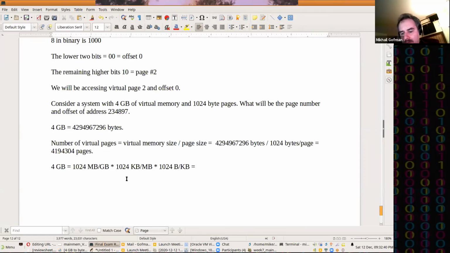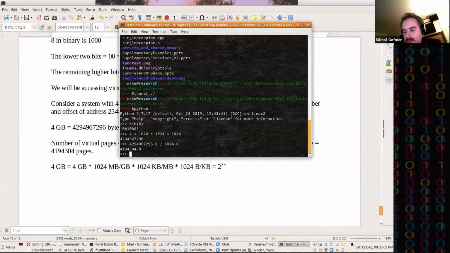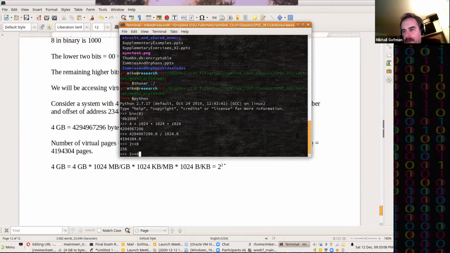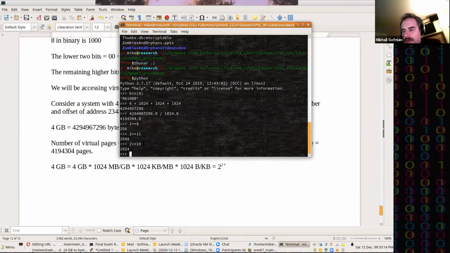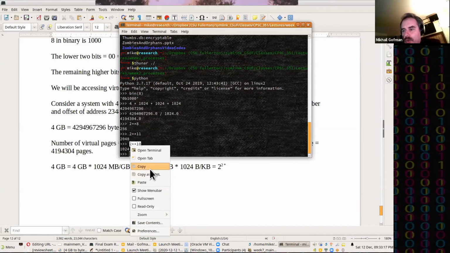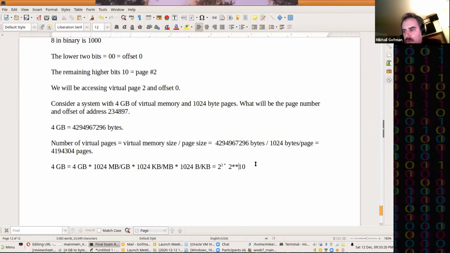We can very easily rewrite this as a power of 2. 4 is just 2 to the power of 2, times 1024, and you can always figure this out by hand if you don't remember by heart: 1024 is 2 to the 10. Those things are always a power of 2. So times 2 to the 10.